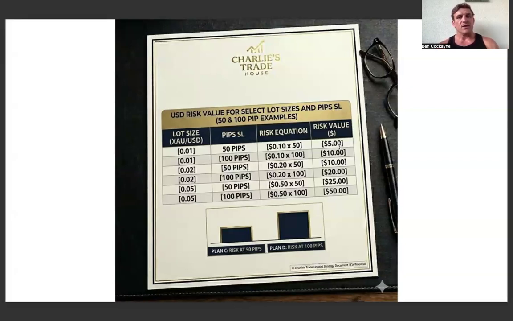And ultimately, we need to know what we're risking per trade so that we can apply some rules, which I'll come to as I move through this slide presentation. So 0.01 at 100 pip stop loss would mean you'd be risking $10 on that particular trade.